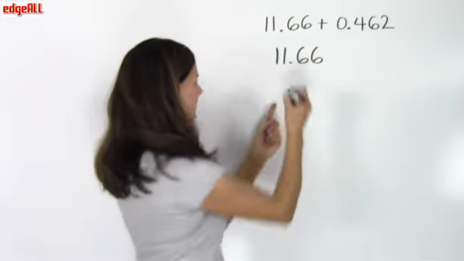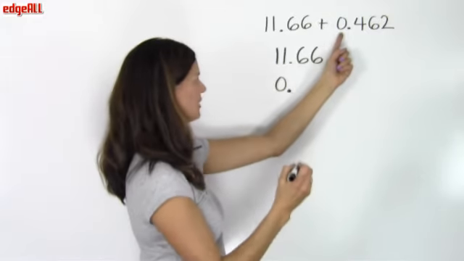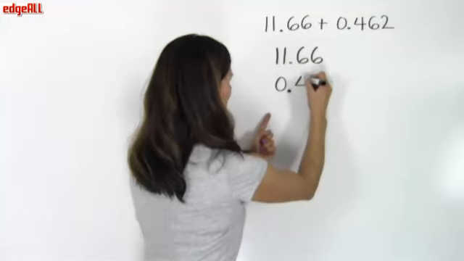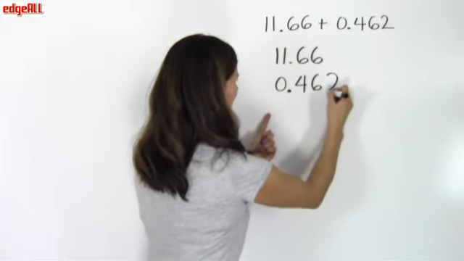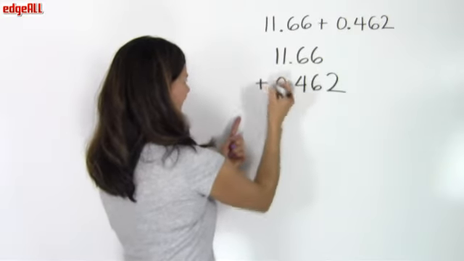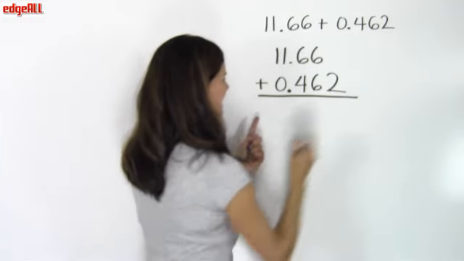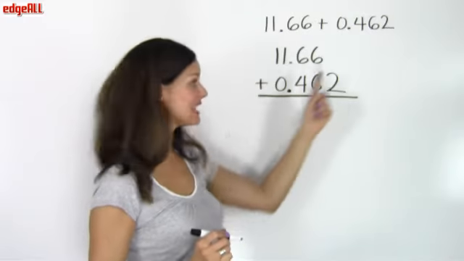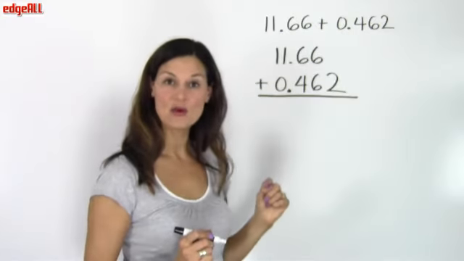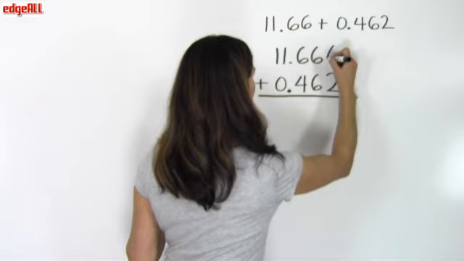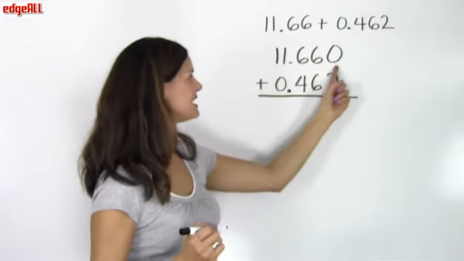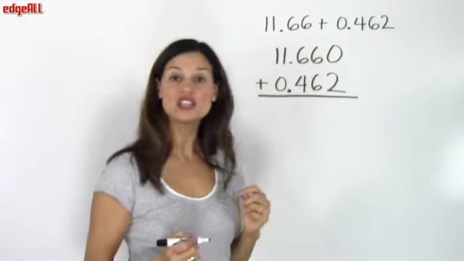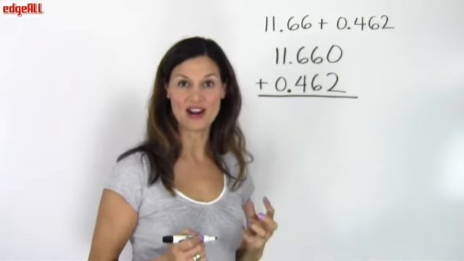And then I write my number. I've got a 0 here before the decimal point, and then 462. So I write my 4, my 6, and my 2. I want to add these two together, so I put my plus sign there and line them up. And then right here in this space, I'm going to place a 0. Now, when I place a 0 here at the end of a number with decimals, I'm not changing the value of the number at all.